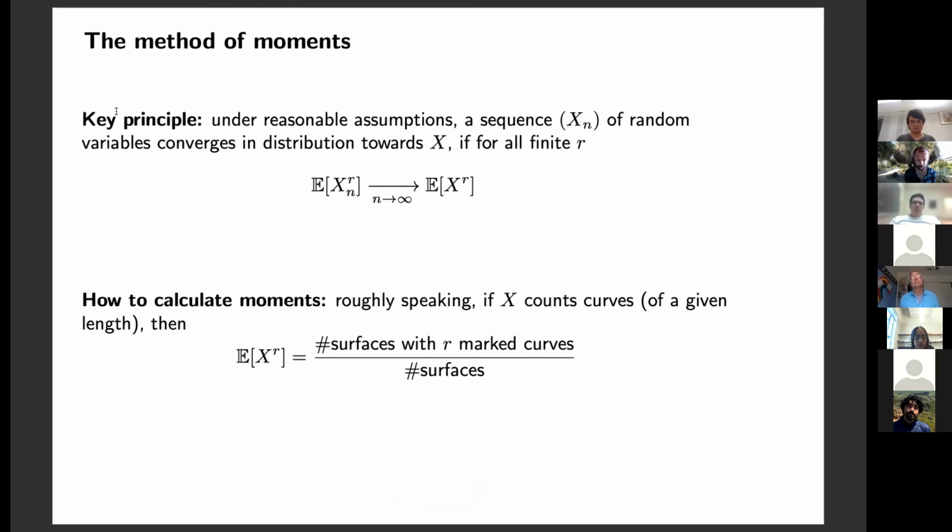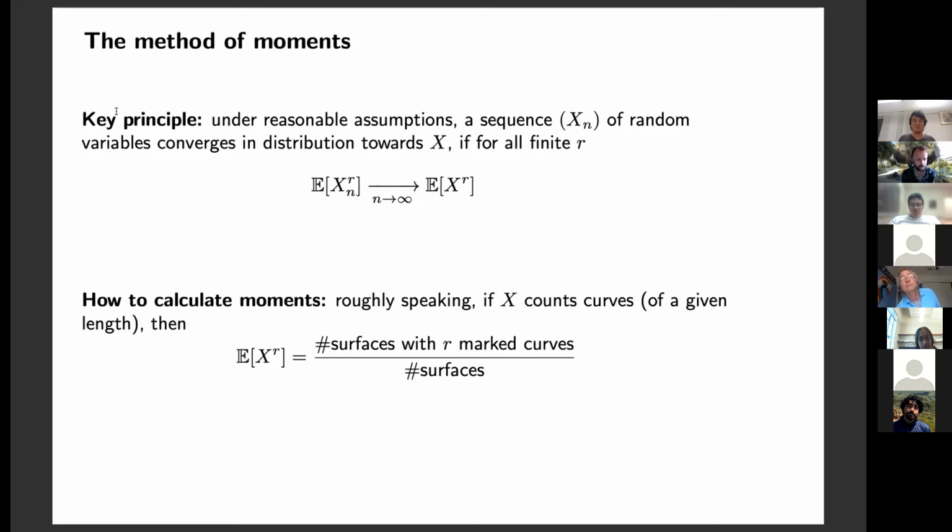So I'm a combinatorist, and from my perspective, how do you calculate these moments? Roughly speaking, if my variable X counts some curves of a given length, then the moment number R, the expectation of X to the R, is just a fraction: the number of surfaces with R marked curves over the number of surfaces.